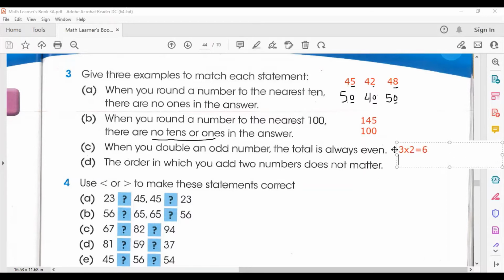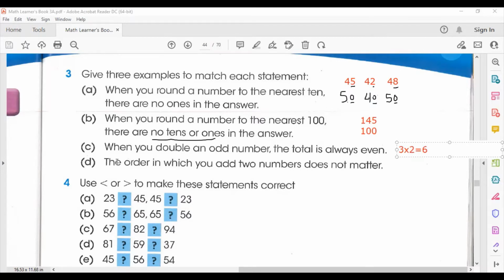Obviously 9 times 2, or 9 plus 9, equals 18. 1 plus 1 is 2, 3 plus 3 is 6, 5 plus 5 is 10, 7 plus 7 is 14, 9 plus 9 is 18. So obviously when you double an odd number, the total is always even.